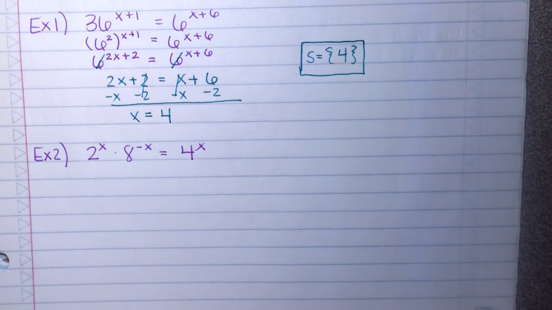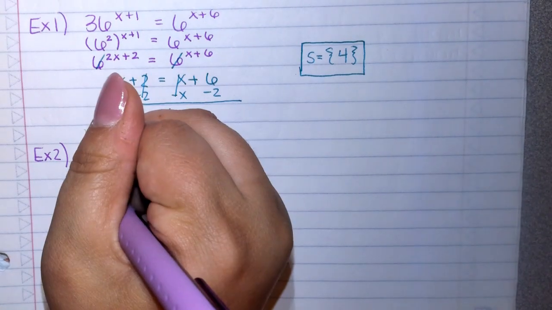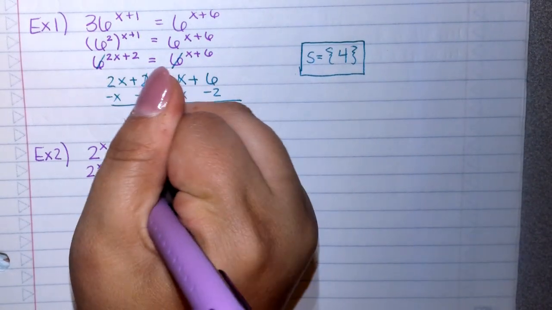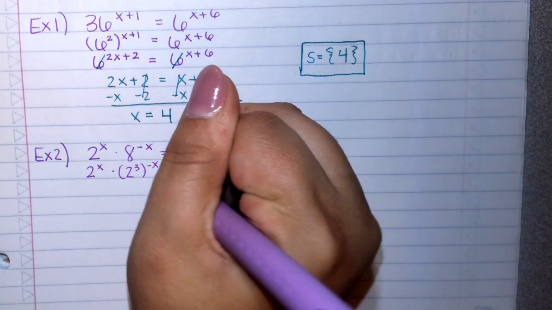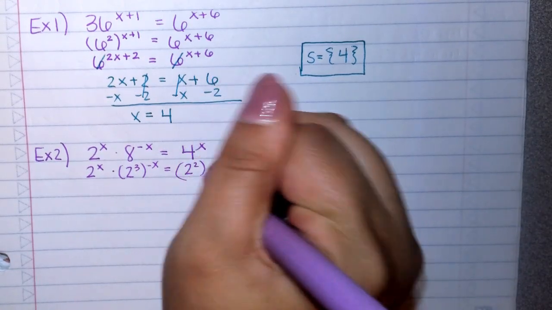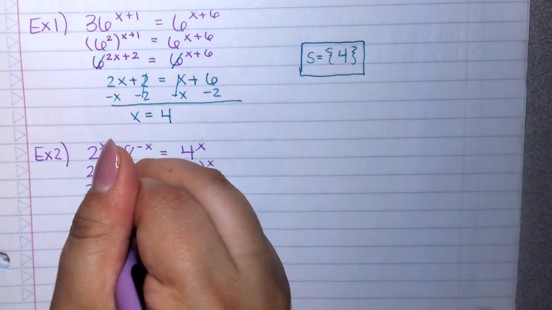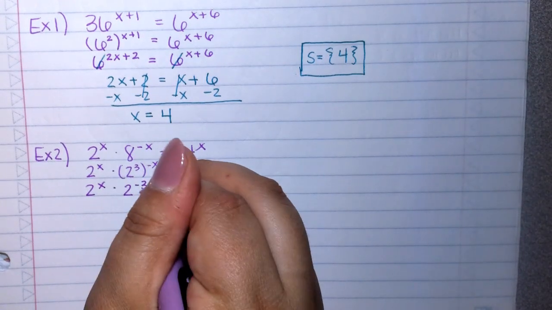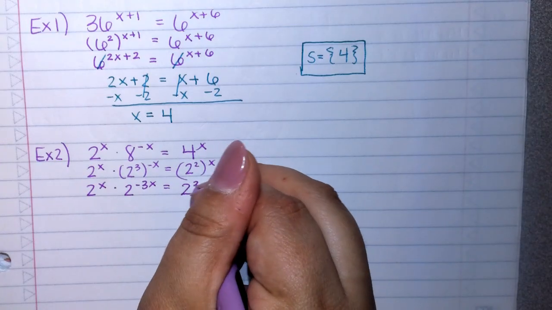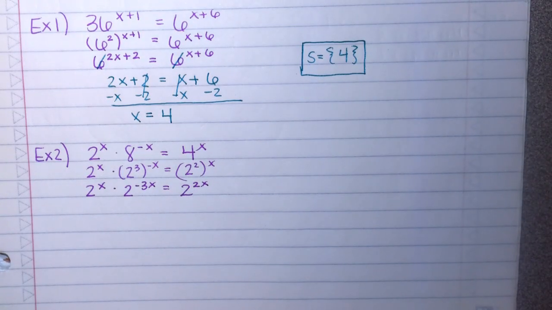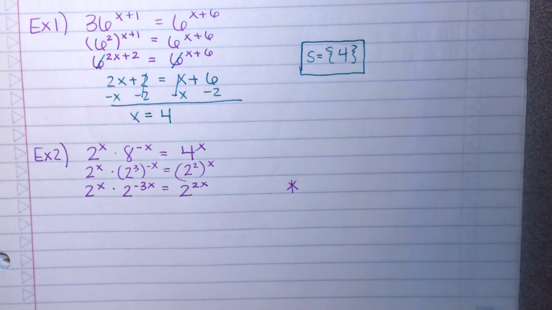What is my common base here? So can we turn all of these into 2's? Are y'all in agreement with me so far? What do I do next? I cannot. And I actually am so glad you said that.